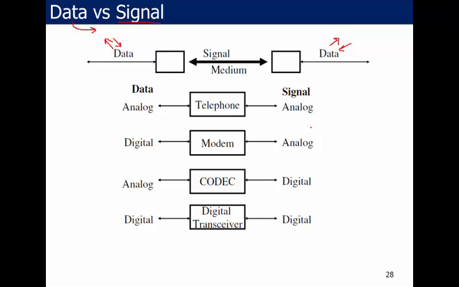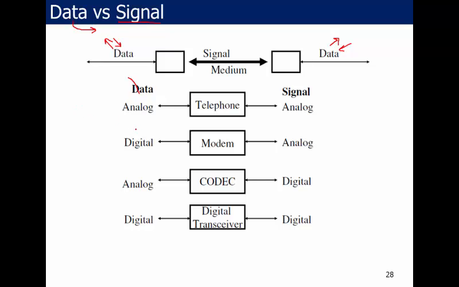So if we think of that, then the telephone line is for analog data. Telephone line is a device that can take analog data to analog signals. We want to send the analog data over the analog signals.